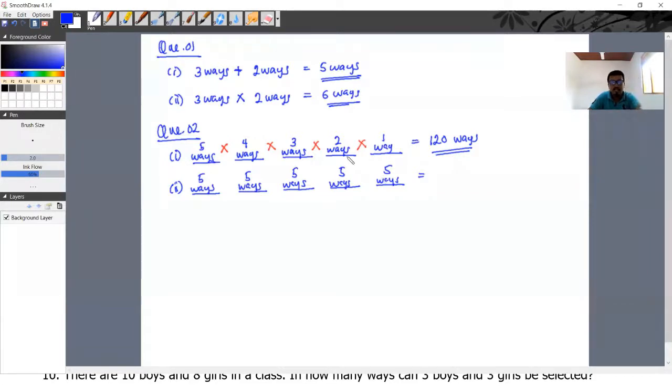And, right? So if we are using the term and, what we need to do? Multiplication, not addition.